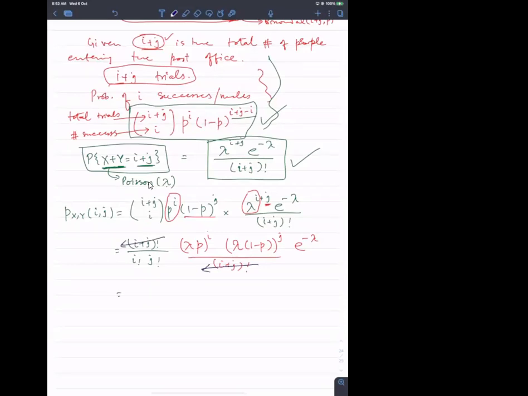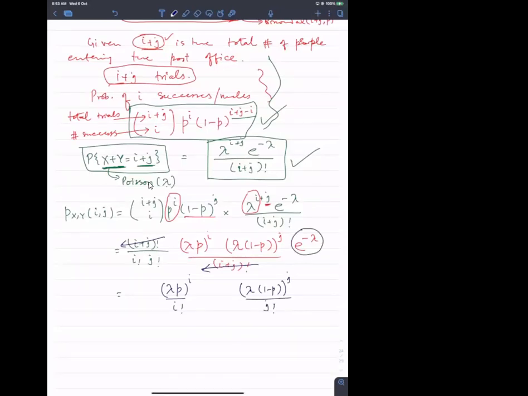So what we have here is lambda p power i over i factorial, into lambda into 1 minus p power j over j factorial.